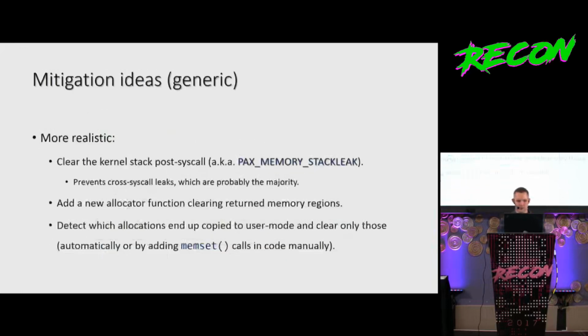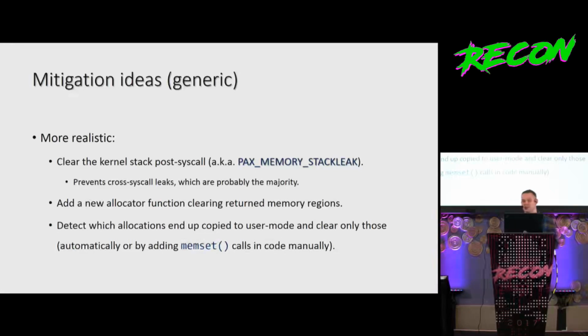So kudos to them. Some more realistic types of mitigations could be to implement something that is already seen in Linux called the PaX memory stack leak option, which clears the whole stack in between system calls, which prevents leaking data between the system calls, which I think is the majority of cases. They could also add a new allocator that just clears the returned memory region already.